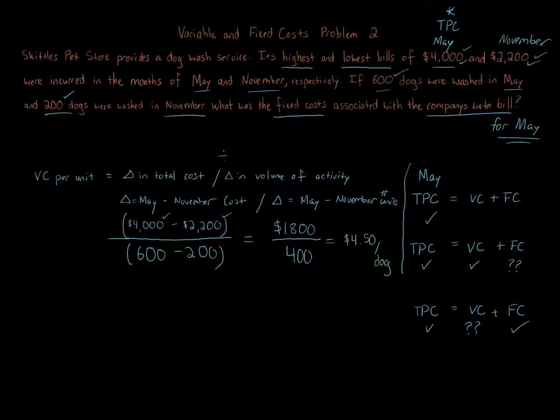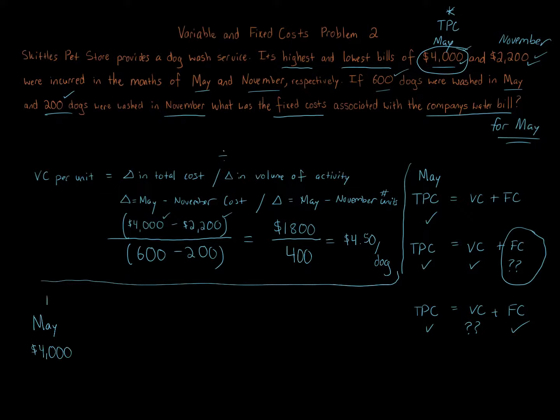Given that information, we now can solve for our total variable costs in May, and we can solve for our fixed costs. So remember, we're looking at May. The May total production costs, $4,000. That's total production costs. And we can determine our variable costs in May.